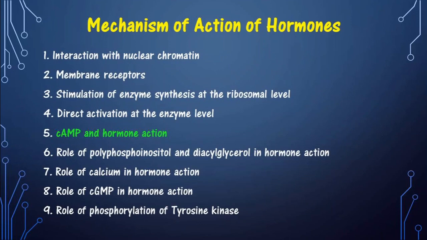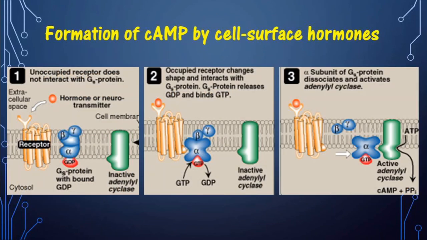So next is the cyclic AMP and hormone action. Cyclic AMP, as you can see, is the second messenger, and cyclic AMP is produced by conversion of inactive adenyl cyclase to active adenyl cyclase.